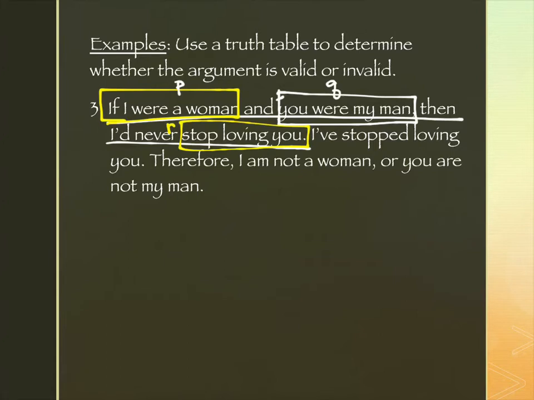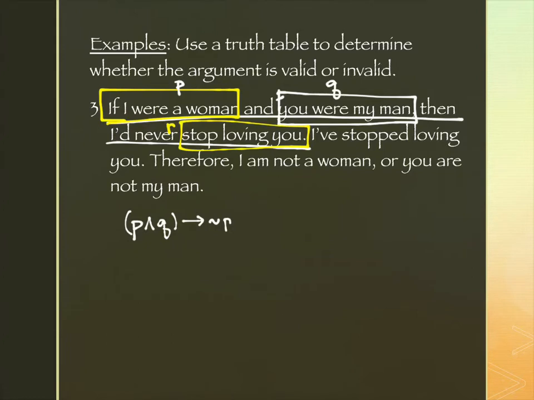So P is the woman, and then I have an and statement with Q. And then it started out as if, so I now have these two joined with an arrow. And it says, I'd never stop loving you, which would be the negation of R. The first statement's really messy.